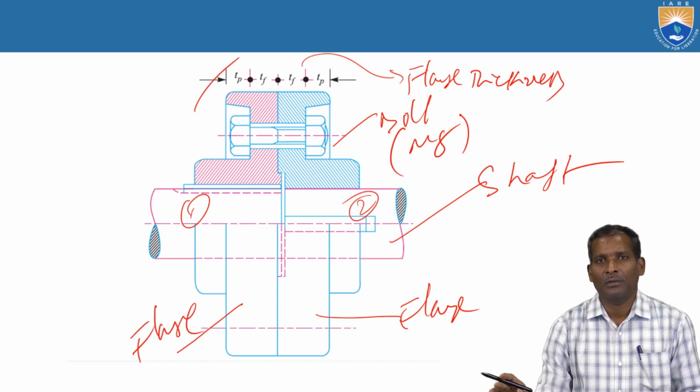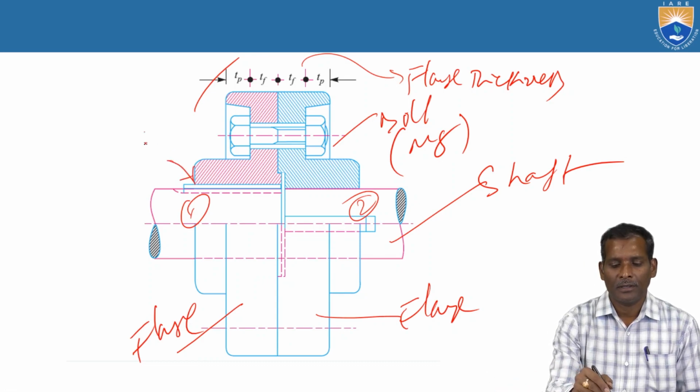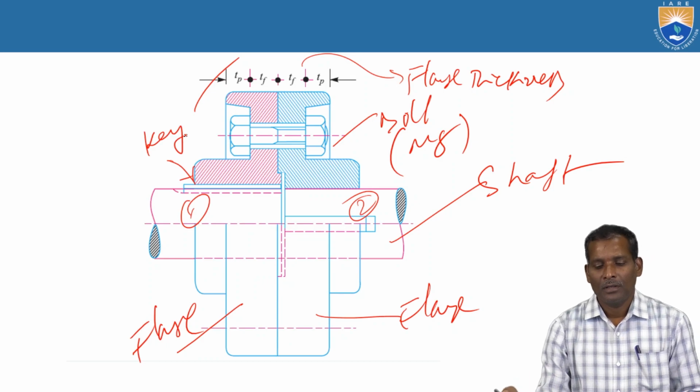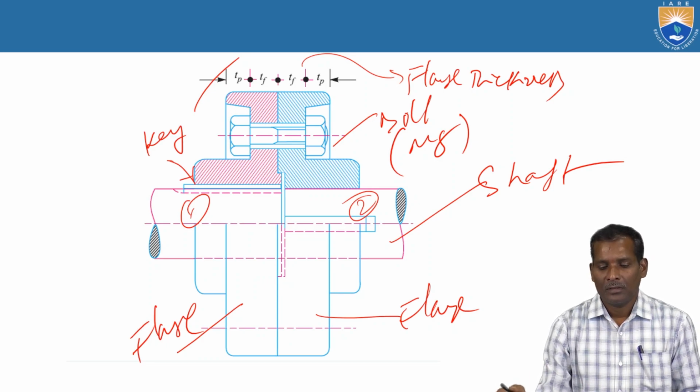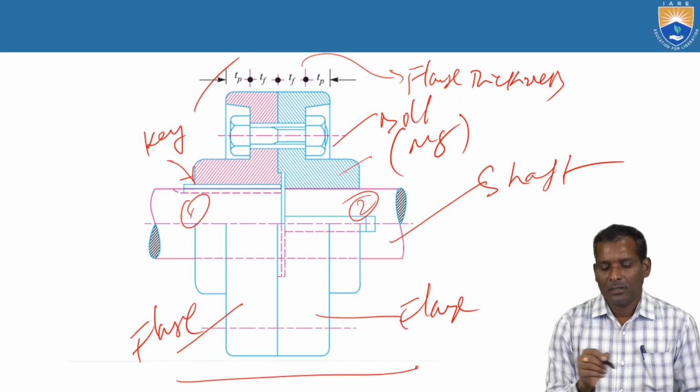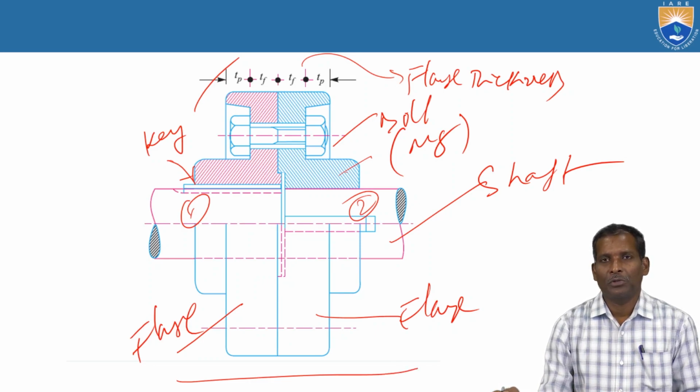All values have been calculated, and the key dimensions and hub dimensions have also been designed. Finally, you need to draw the sketch of a protective type flange coupling using the above calculated design parameters.